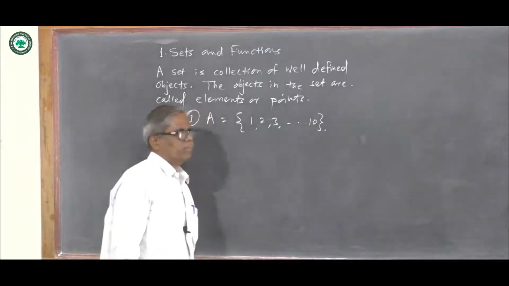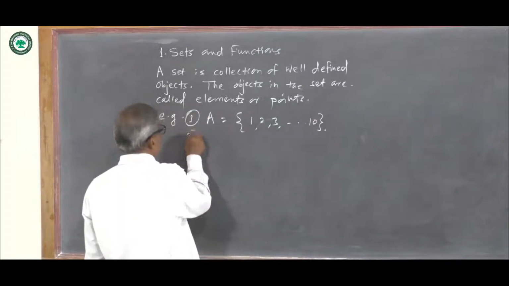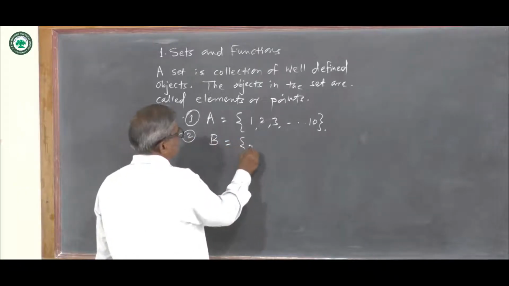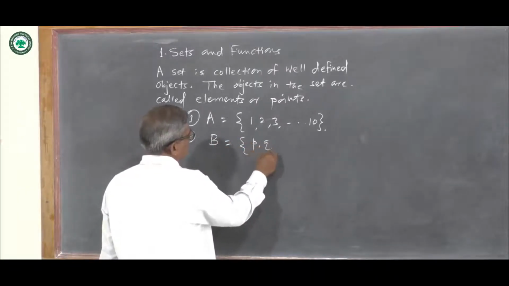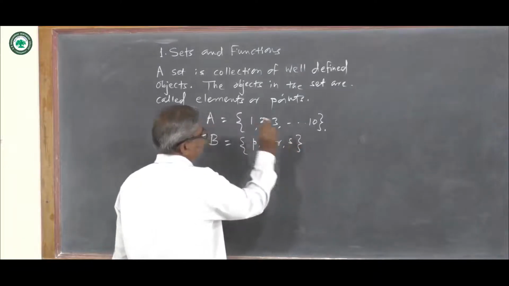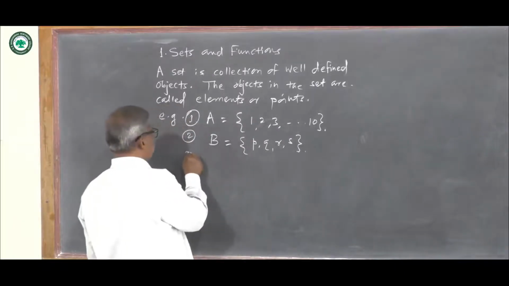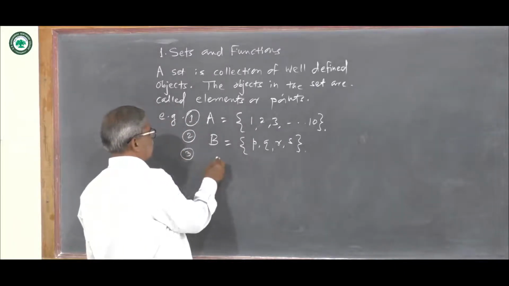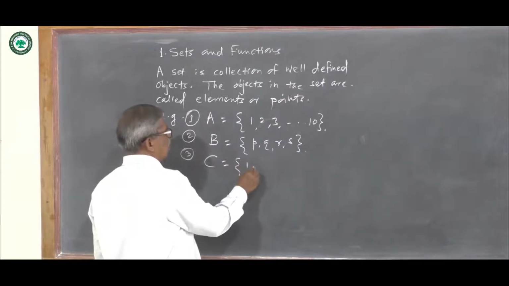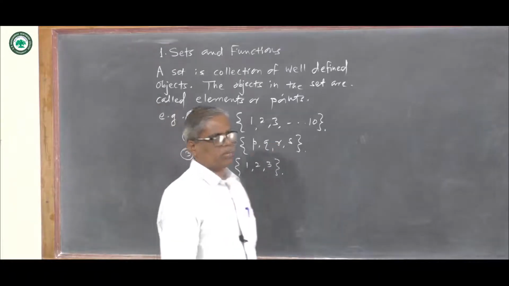This is a finite set. Second, capital B is the set of small p, small q, small r, small s. 3, C is equal to 1, 2, 3. 3 numbers.